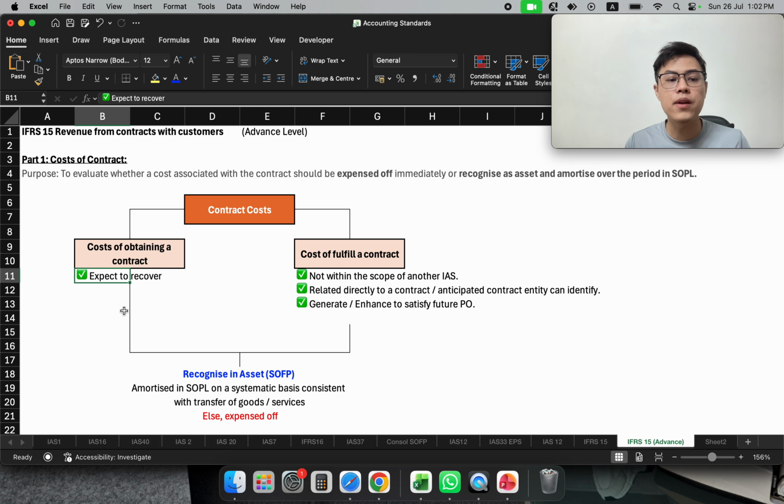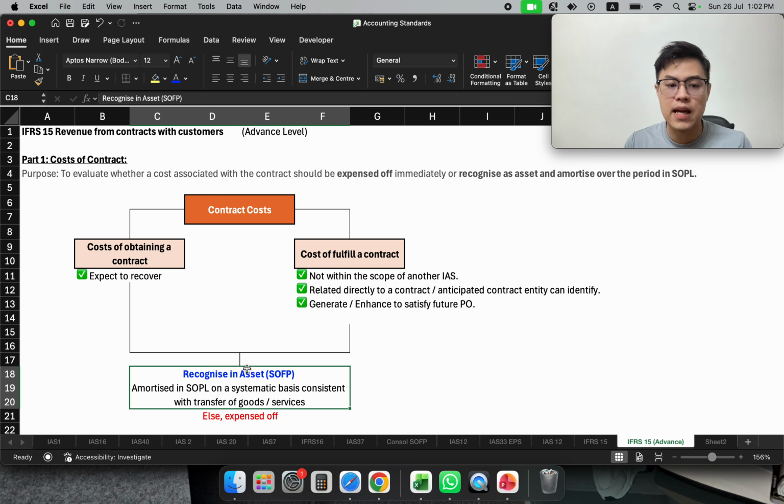If we expect to recover this associated cost from our customer, in layman's terms, it is related to one PO that you are going to satisfy in future, the promises that you are going to give to the customer and recharge back to them, then we will recognize it as an asset and amortize accordingly.